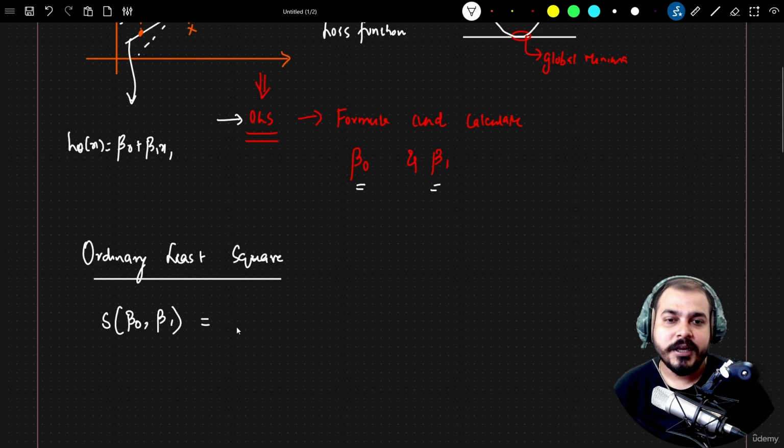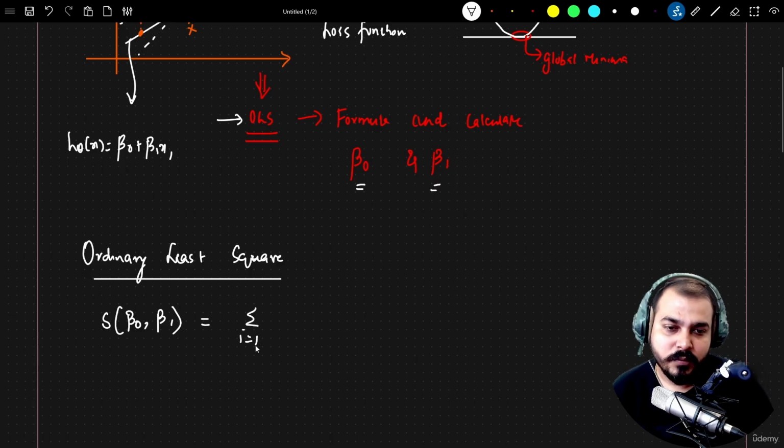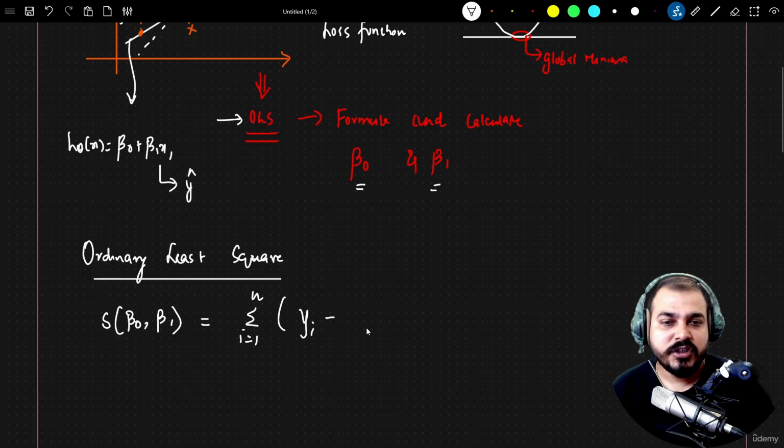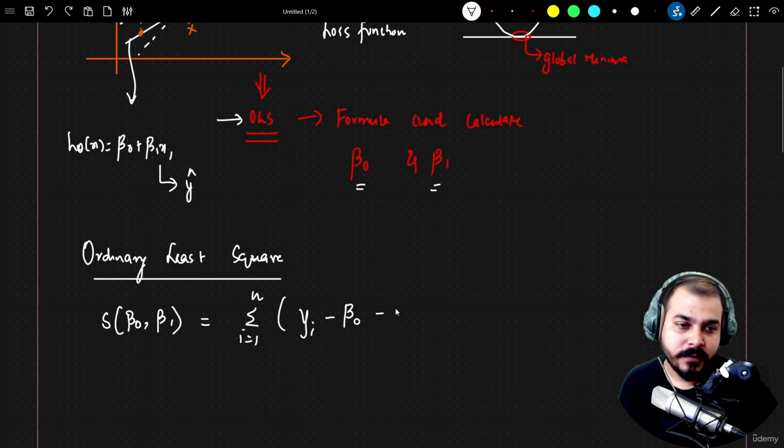And as said, in ordinary least square I'm not going to use any loss function like mean squared error, but I have a scenario wherein I need to reduce the difference between y of i and h theta of x. What is h theta of x? It is nothing but beta 0 plus beta 1 multiplied by x1, which is my predicted value y hat. So I'm going to use this equation and write it over here. This minus will get subtracted, so it will become minus beta 0 minus beta 1 into x1, and this should be whole square.